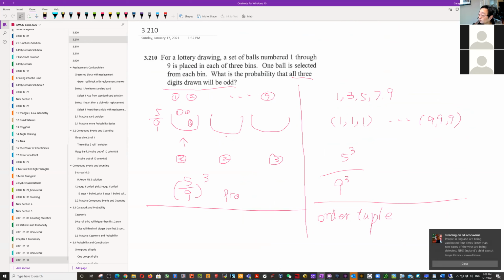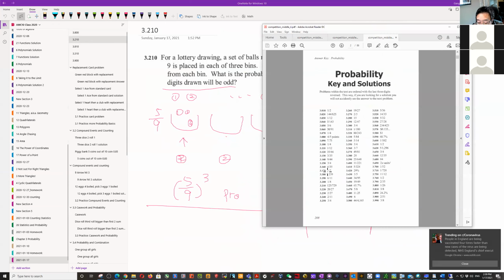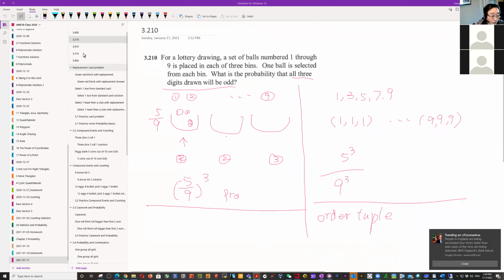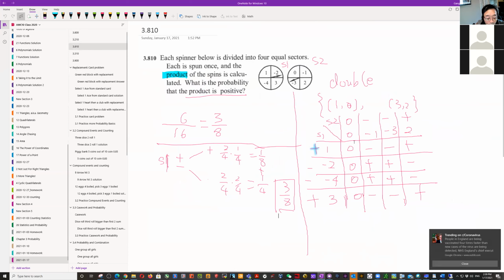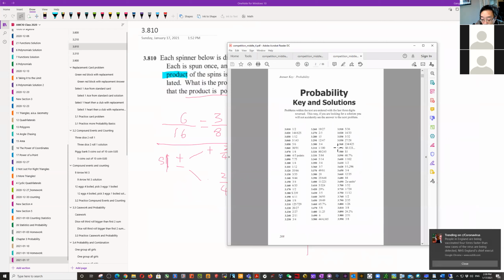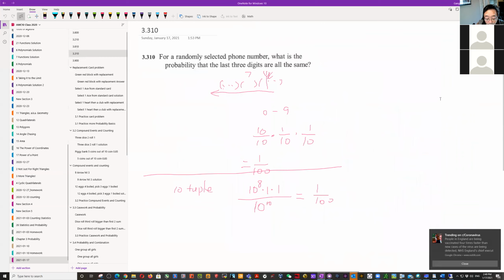Let me see if I'm right on those. 3 to 1 actually is right. So basically it's 125 out of 729. So this is actually the right one. And this one should be right, because I did a complete count, so I have high confidence. I don't think I will be wrong.